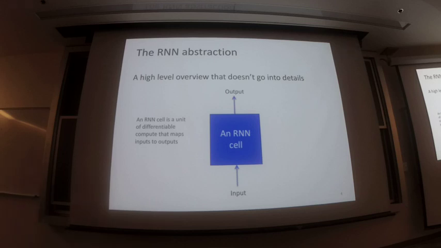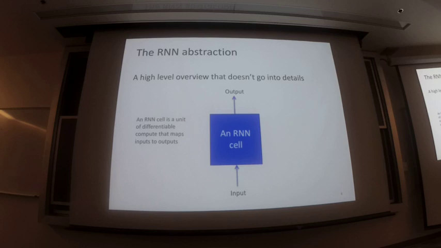So a recurrent neural network at a high level is just composed of many single cells, and this cell is called an RNN cell.